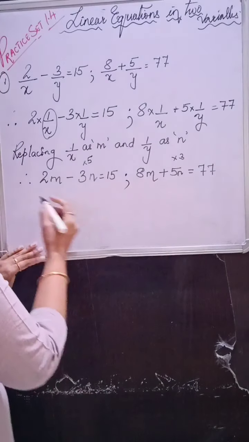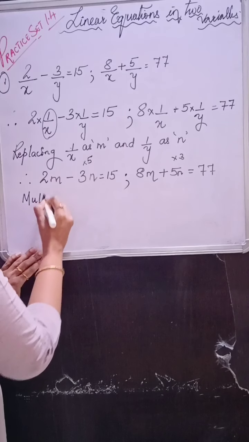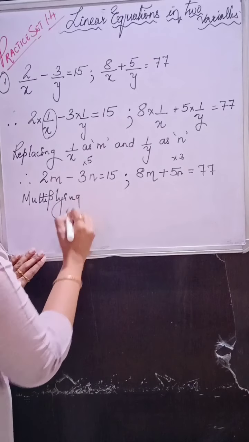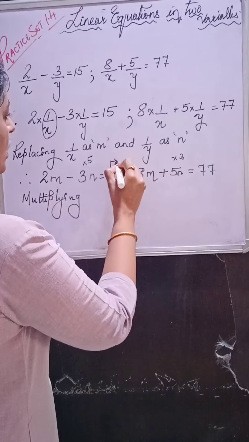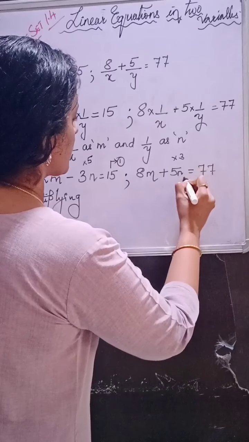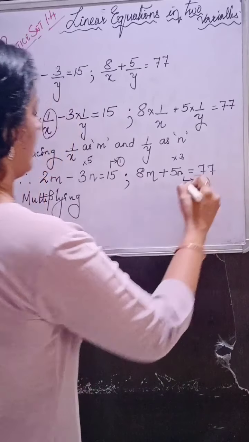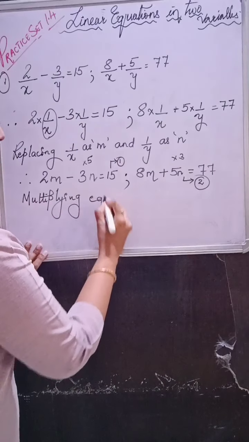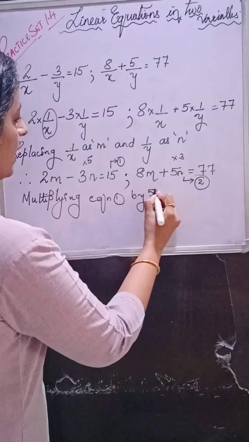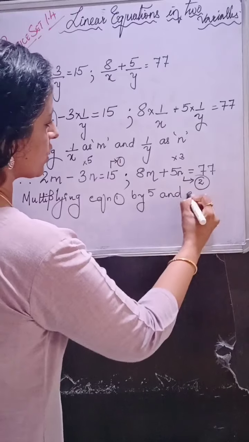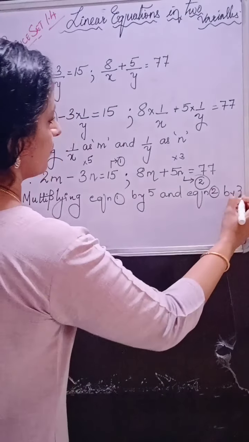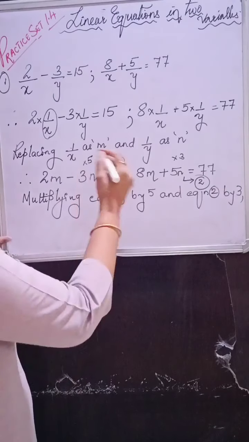So we will write the step, multiplying. This we will give as equation number 1 and this we will give as equation number 2. Multiplying equation 1 by 5 and equation 2 by 3. So what are we getting?